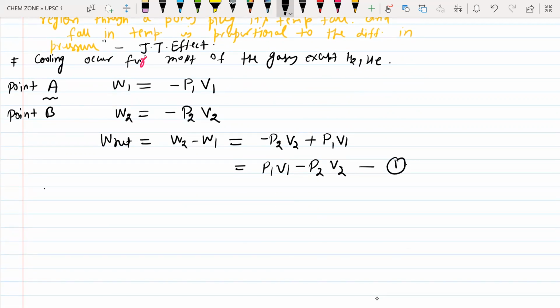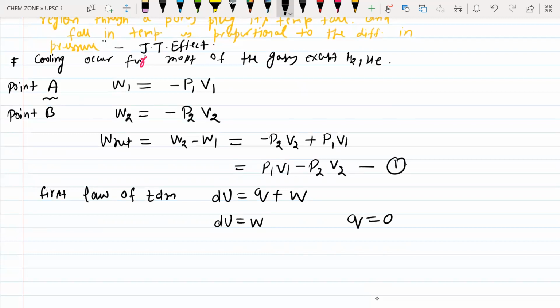Now let's apply the first law of thermodynamics. We know that dU is equal to Q plus W. But Q will be 0 as the process is adiabatic.